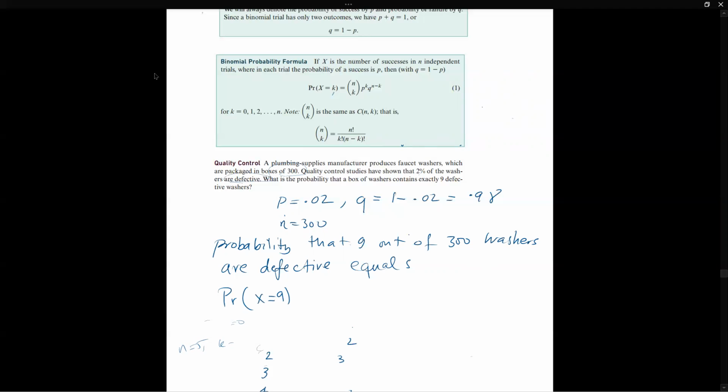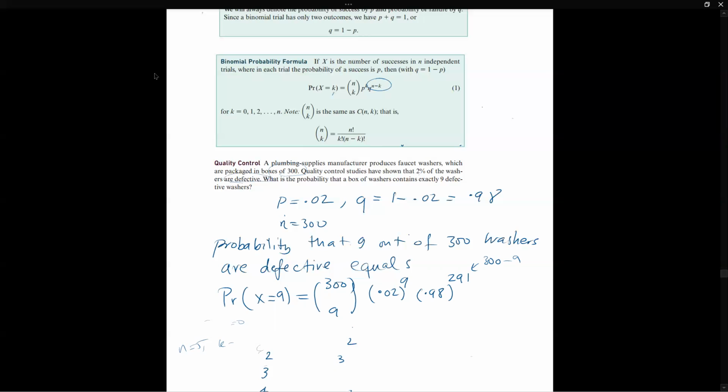so that's the 300 for the N, the 9 for the K, P is 0.02 with the K there, and Q, which is 0.98, with N minus K, so 300 minus 9, which is 291. All right, so this one comes from 300 minus 9, which is this thing here.